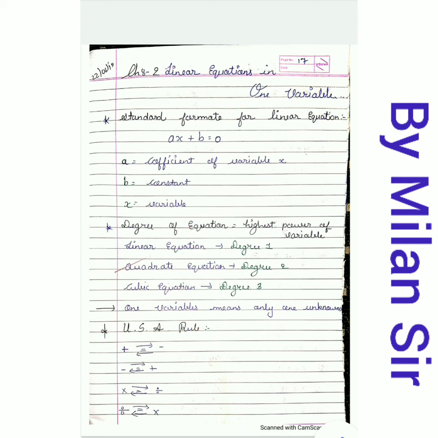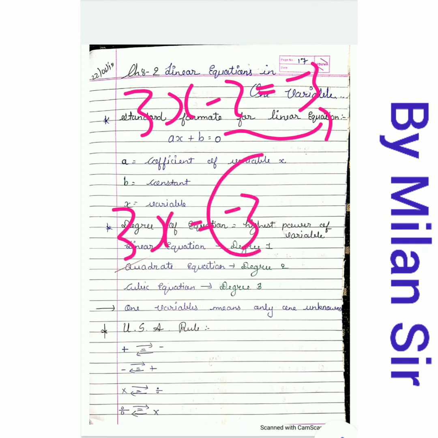Same thing, if you have 3x minus 2 and minus 3, and you transfer your minus 3 to the left hand side, it becomes plus. The minus 2 stays as it is because we do not transfer it. But if we transfer minus 2 to the right hand side, it becomes plus 2.